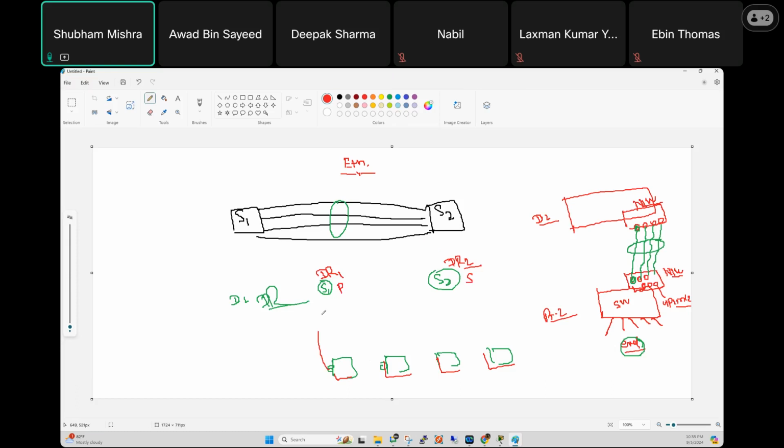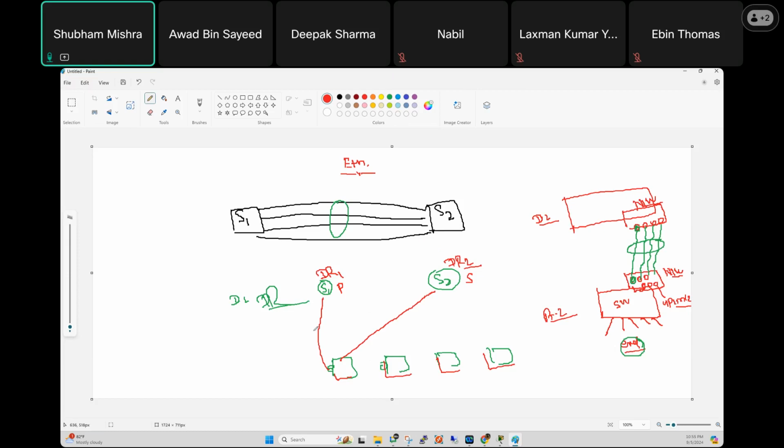One uplink is connected with your DR1 and one uplink is connected with your DR2. By which you can achieve redundancy. When one link fails, you have the other DR. Clear, everyone?